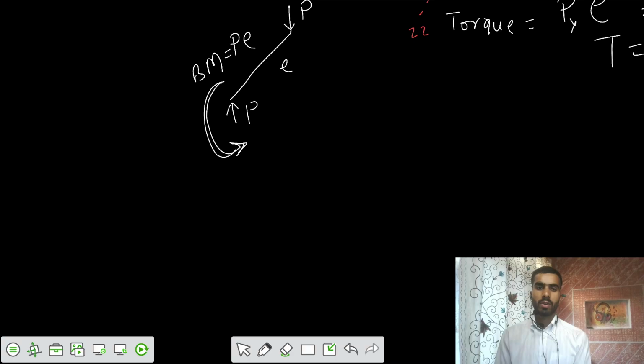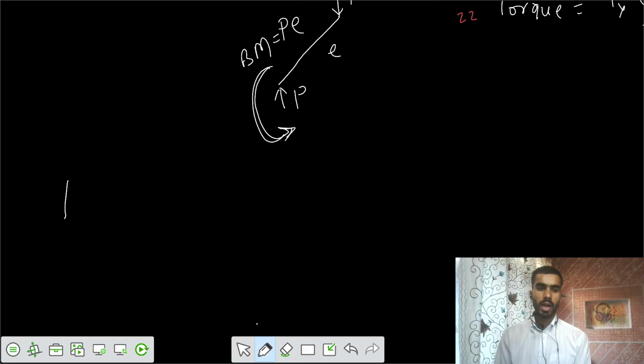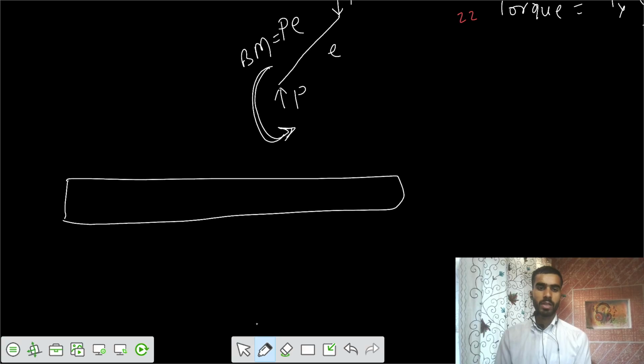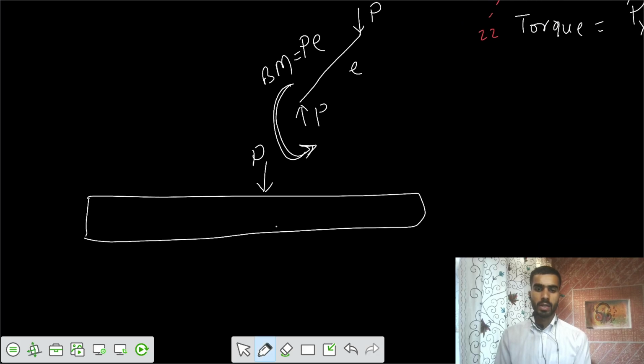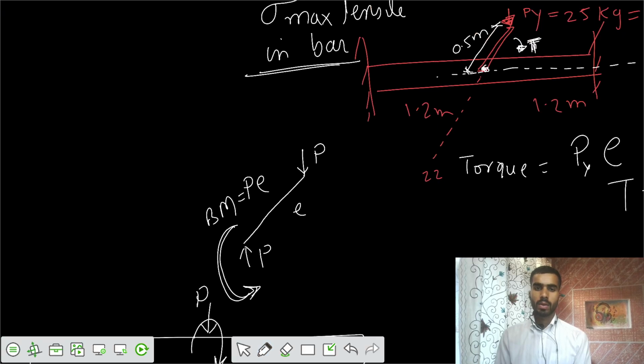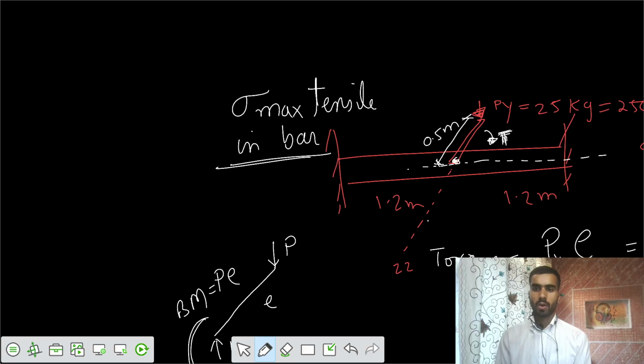Then the same would get transferred to the main shaft. So this is your main shaft, and you are applying a load of P downwards, and a moment that was anticlockwise in the bracket would be clockwise here. So it's a clockwise moment, in this way.